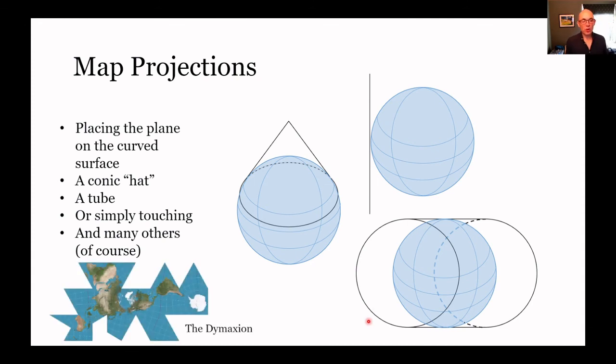There are, of course, lots of other ways of doing this, many interesting ways, like the Dymaxion, Buckminster Fuller, a name you should definitely look up. He invented lots of things called the Dymaxion. One of the Dymaxions he invented was this map projection. It's quite good in many respects.